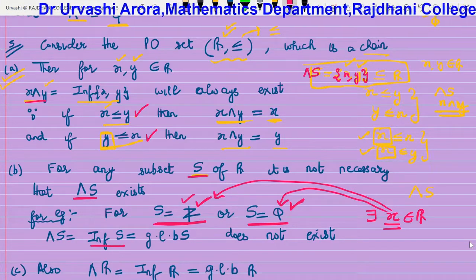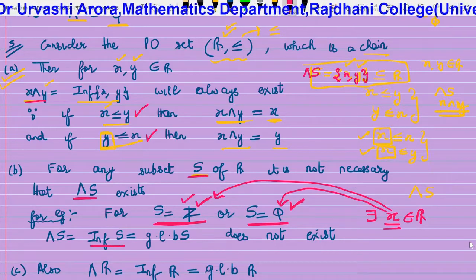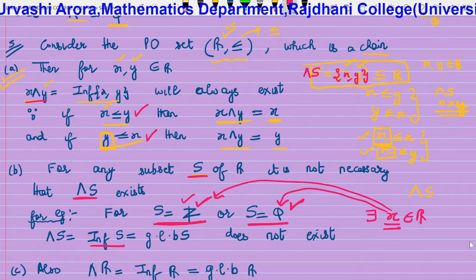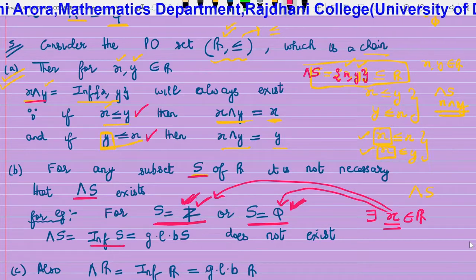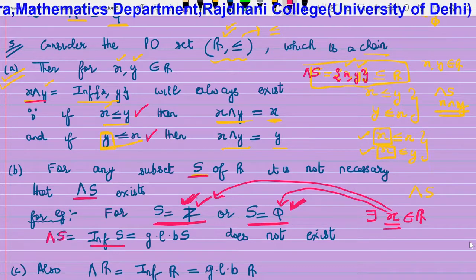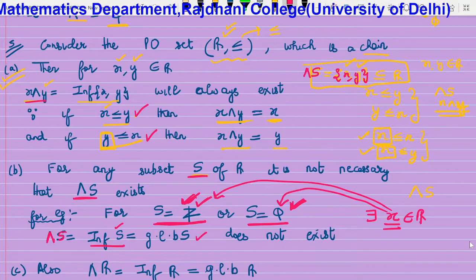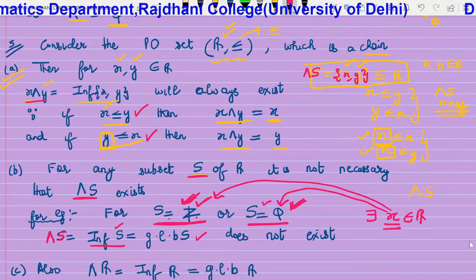Because there is no lower bound for these two sets, the question of greatest lower bound doesn't arise. So the greatest lower bound of Z doesn't exist, the greatest lower bound of Q doesn't exist, which means that the meet of S, which is the infimum of S, which is the greatest lower bound of S, where S is Z or S is Q, does not exist.